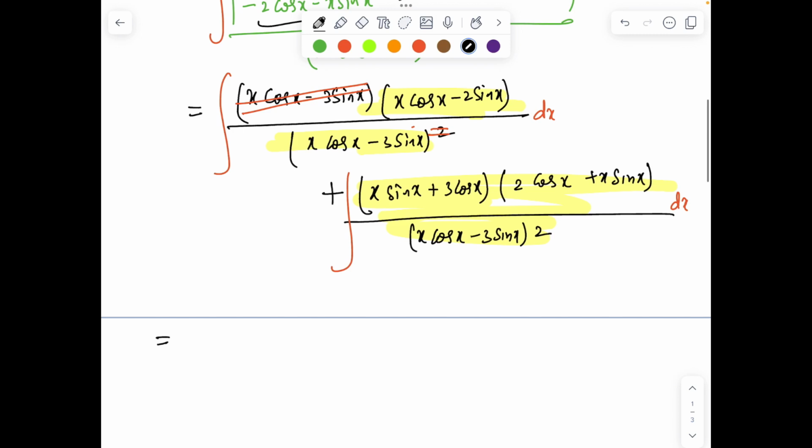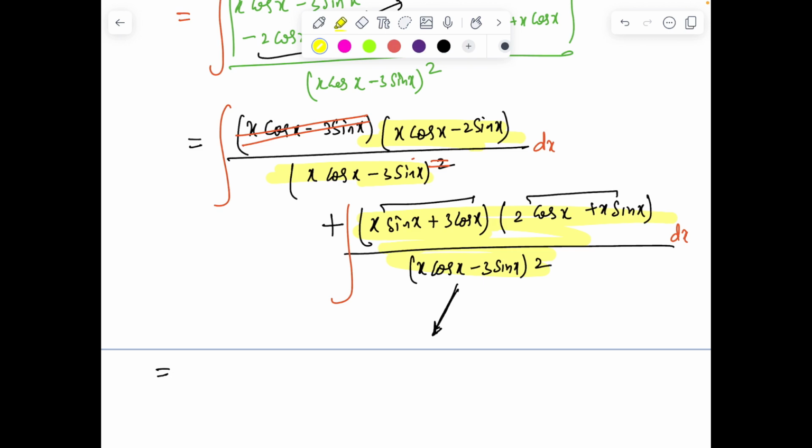So now what I'll do: x cos x, sin x and plus 3 cos x is there, and we have something like cos x plus x sin x. So I can use integration by parts on this heavier integral so as to bring maybe the negative of this integration into the picture, right?